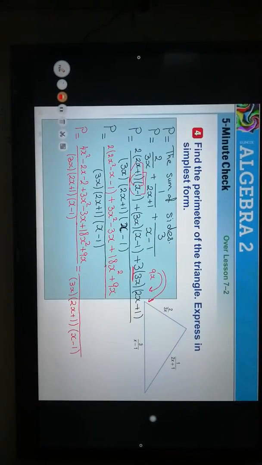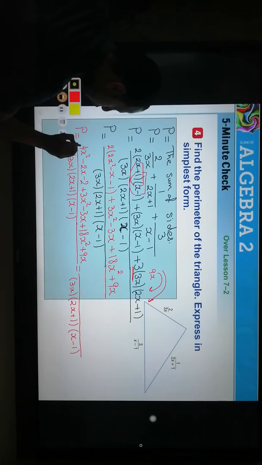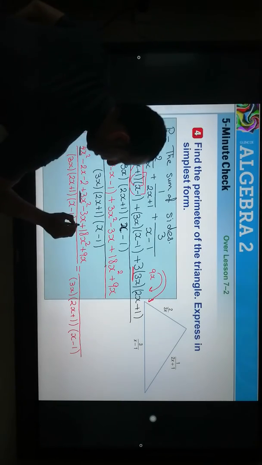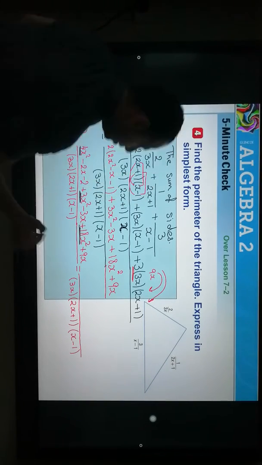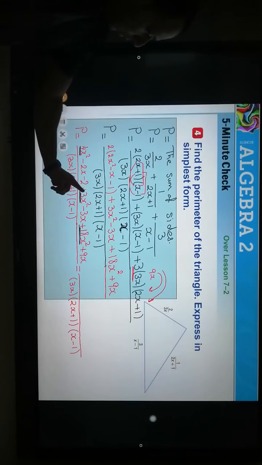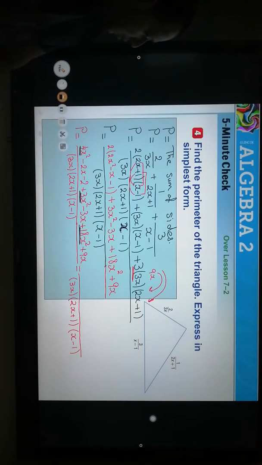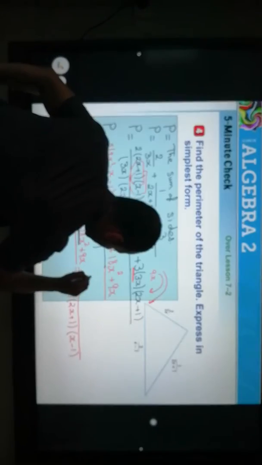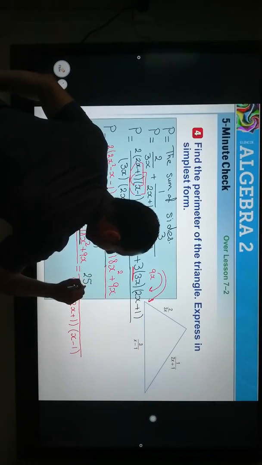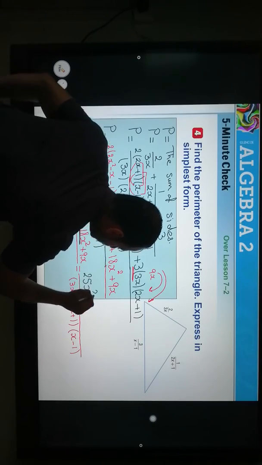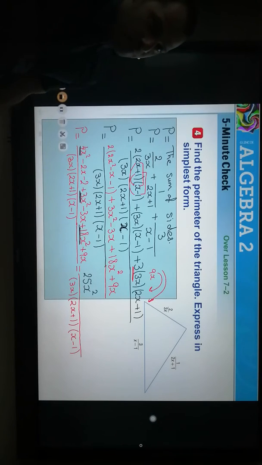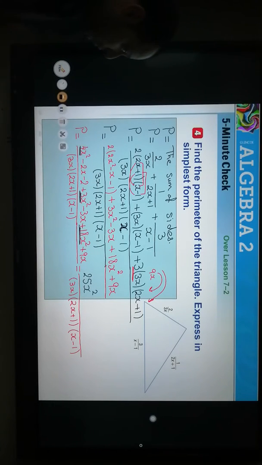Start with me to collect the like terms. Here 4x squared, here 3x squared, here 18x squared. Count with me. 4 plus 3 equals 7, and here, yes, 25, excellent, x squared. Some students add the powers, it's a common mistake. Okay, we write x squared.